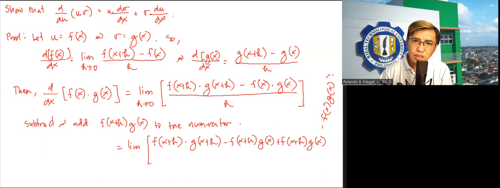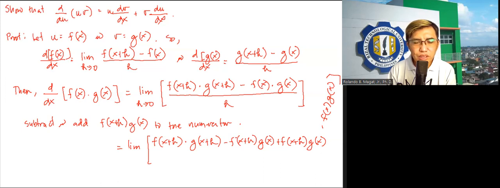Okay. So notice nag-subtract tayo tsaka nag-add tayo ng f of x plus h times g of x at the same time, this is just 0, di ba? 0 lang naman yan, it cancels out. But again, we did an algebraic manipulation.